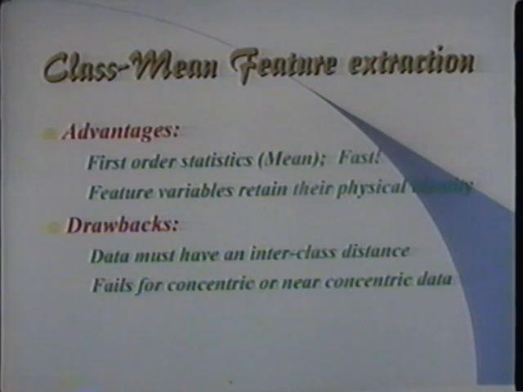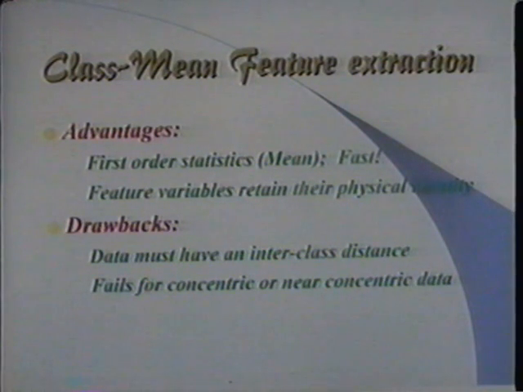Another feature is that after you eliminate the unnecessary variables, the rest of the variables still have a physical meaning. The rest will still be the currents, the voltages, or whatever. So they still have a physical meaning, and engineers always like to have variables that have physical meaning. Now, what is the drawback?